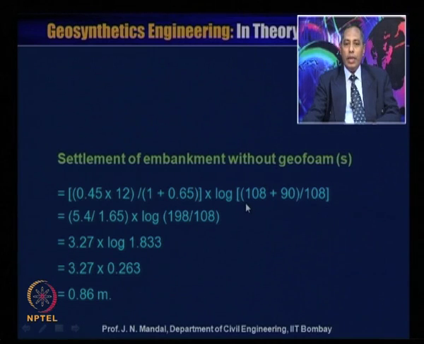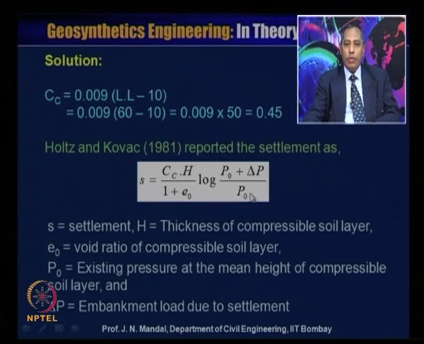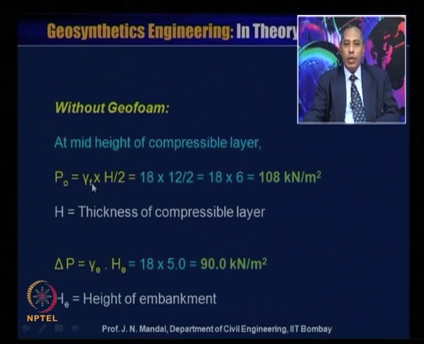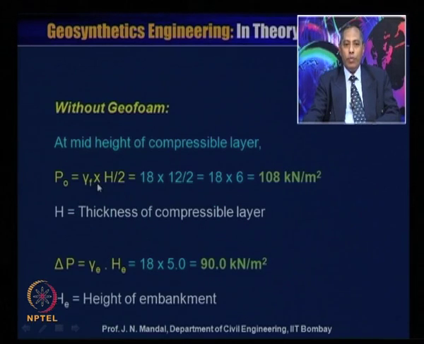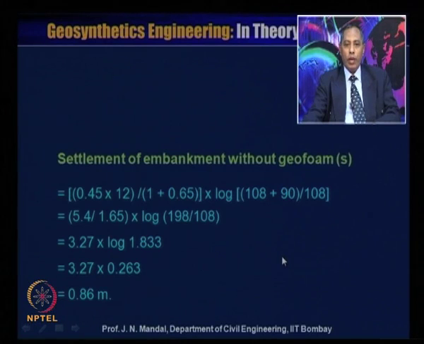So, here this is the equation we are using. You know that P0 is 108 and delta P is 90. So, we are substituting this here, log of P0 is 108 plus delta P is 90, this divided by P0 108, where we have obtained from here P0 and delta P 90 kilonewton per meter square.